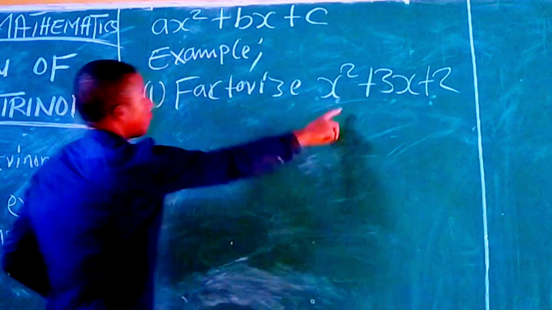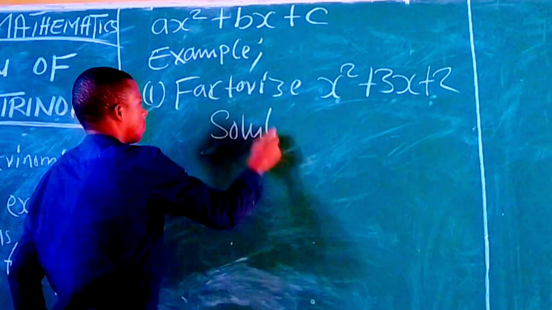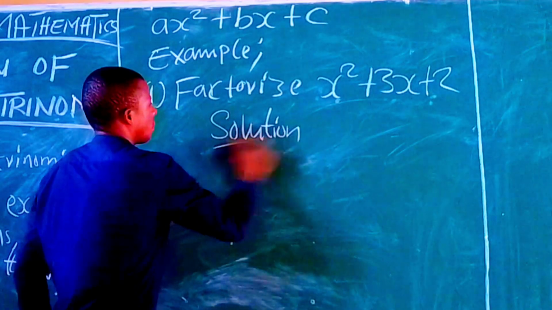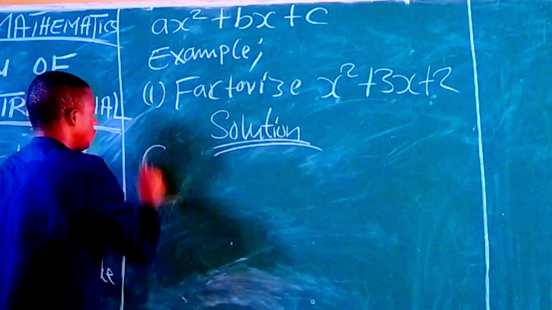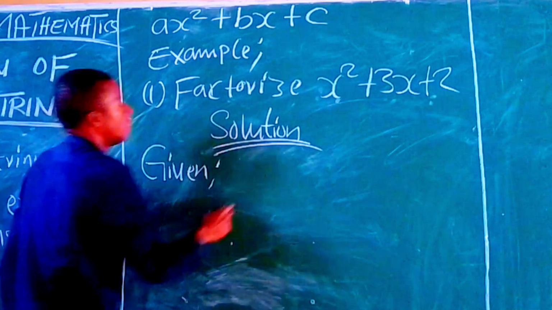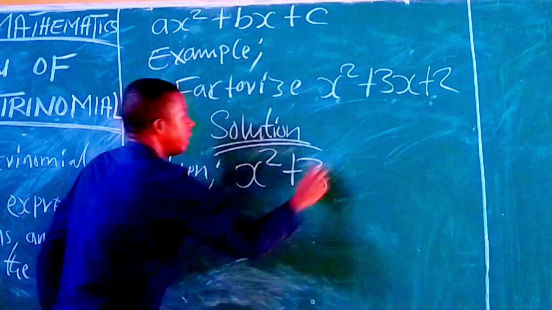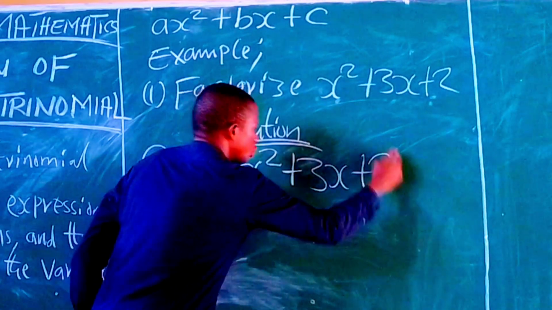So now for us to be able to factorize this, let's look at the solution. We have x squared plus 3x plus 2.